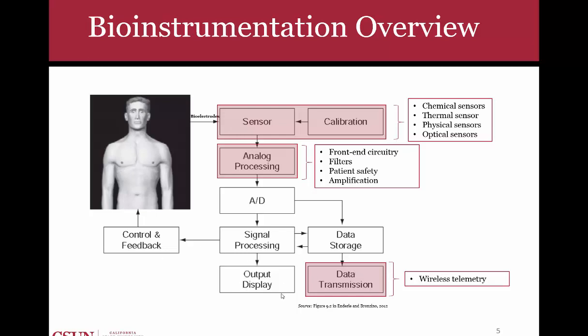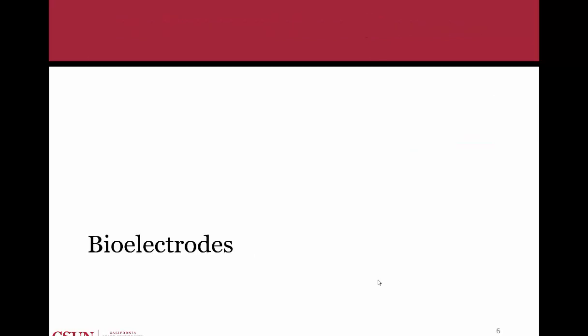Or you can just display it and then transmit that data via some form. If you're a person working in bioinstrumentation, this is generally what you'll do, but you'll be working specifically on certain portions of this whole diagram. So we'll get into that a little bit today, and then the next lecture as well.